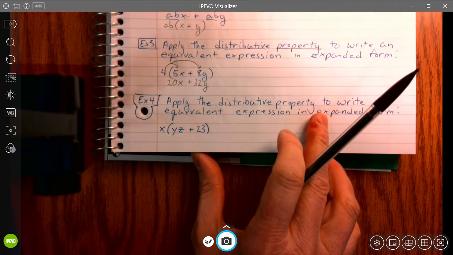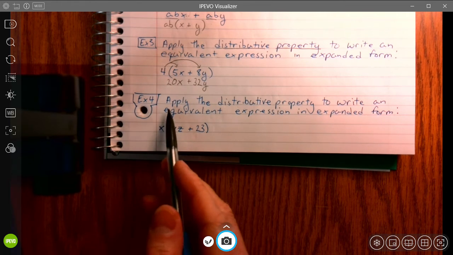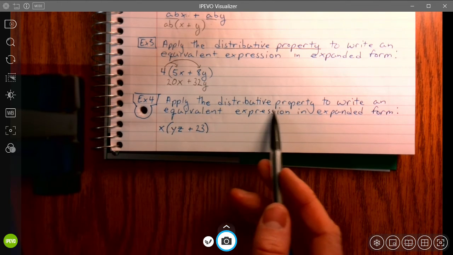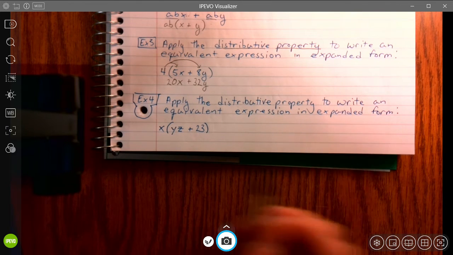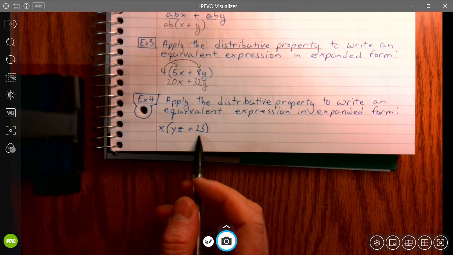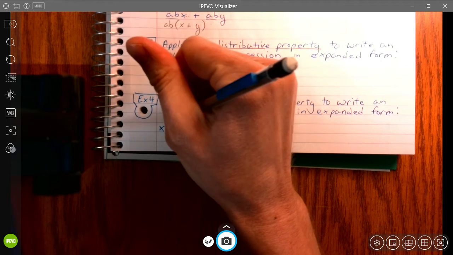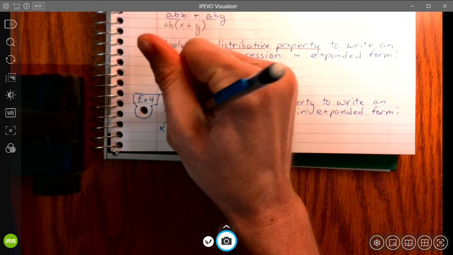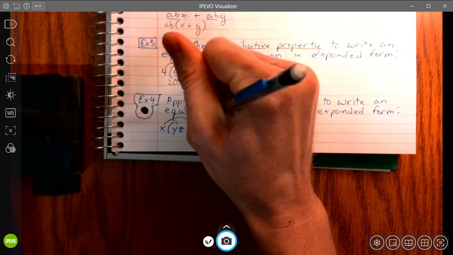All right, last one for this lesson. Example 4. Apply the distributive property to write an equivalent expression in expanded form. And this is x times yz plus 23. So again, I want to distribute that x to each of my friends inside of the parentheses here.